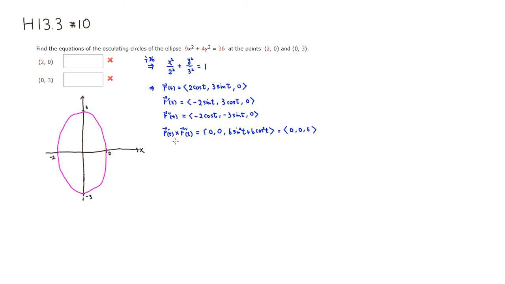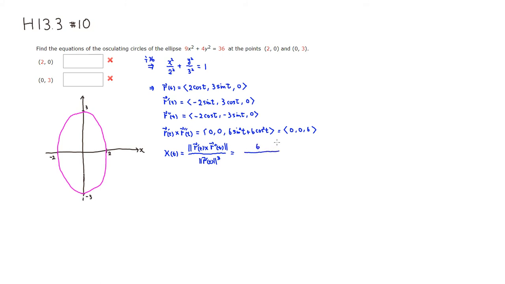So we can find the curvature. Remember that the curvature function is the magnitude of r prime cross r double prime, divided by the magnitude of r prime cubed. The numerator is easy because it's only one component, so the magnitude is just the absolute value of that component, which is 6.